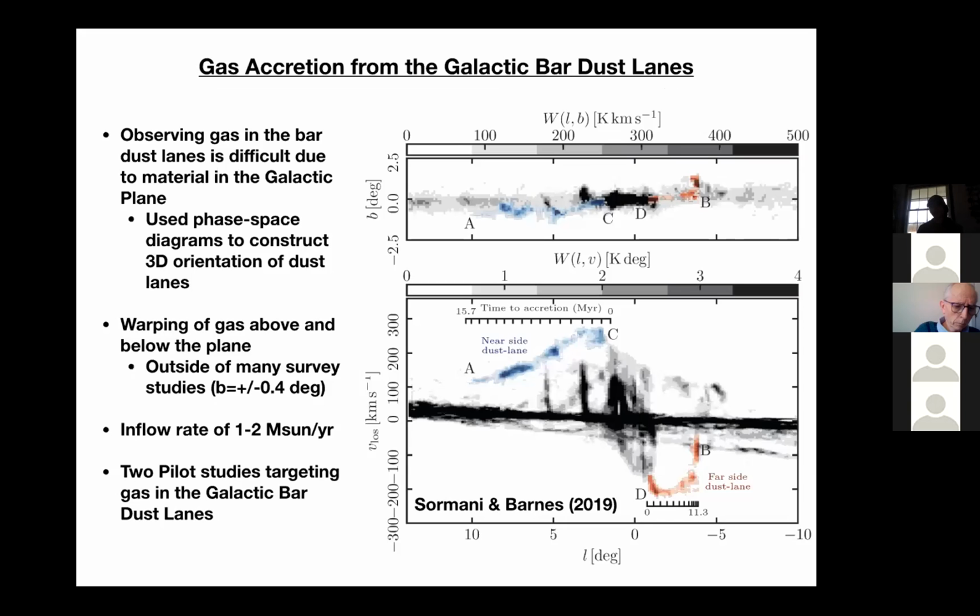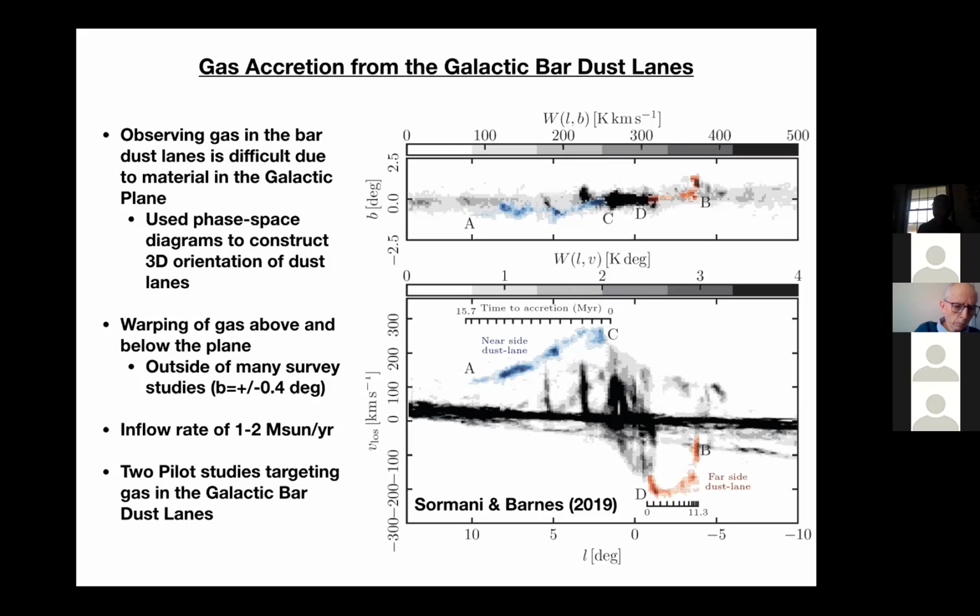However, one of the issues with trying to observe gas that is associated with the galactic bar dust lanes is due to trying to observe through the galactic plane. You're trying to observe this inner region of the galaxy where you have tons of material in the galactic disk that can obscure viewing this inner region of the Milky Way. However, there have been strides to conduct a 3D orientation of gas that is in this inner region using position velocity space.